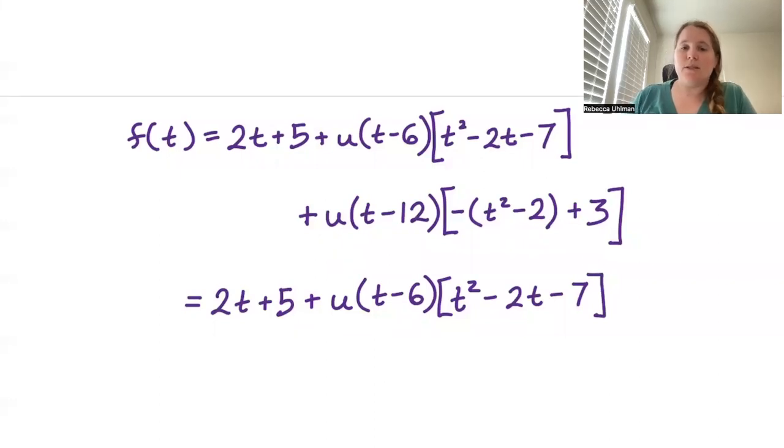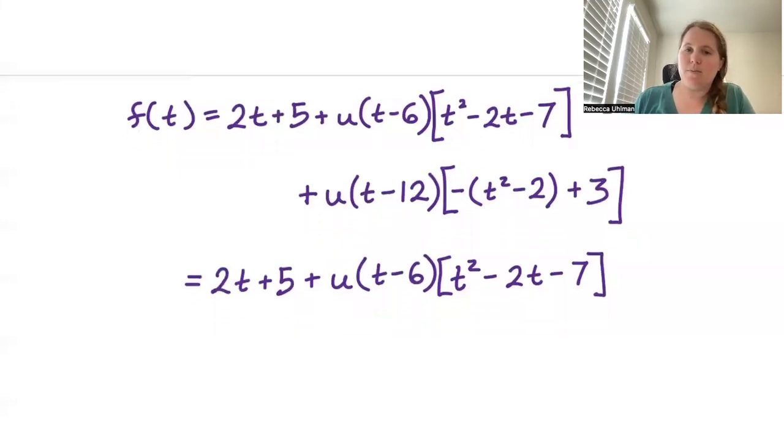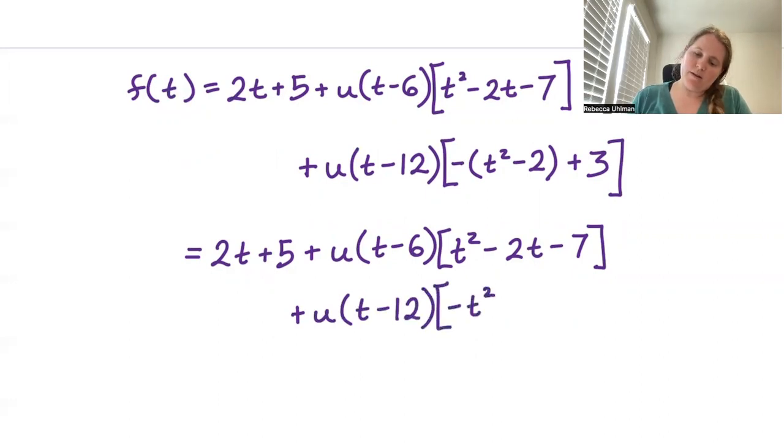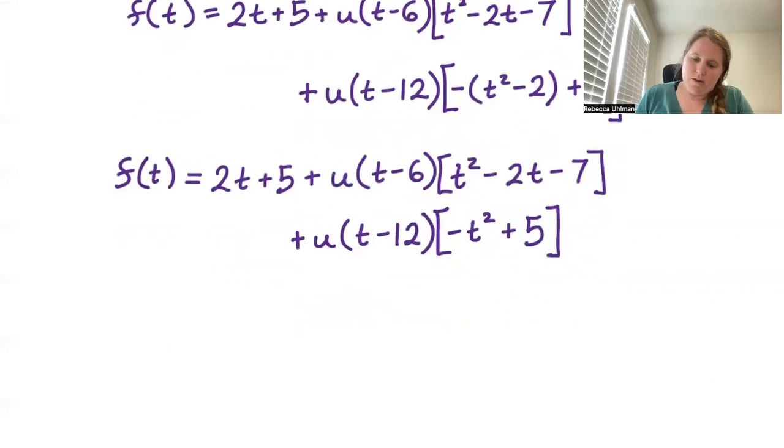And then that last piece becomes plus u of t minus 12 times negative t squared, and then plus 2 plus 3 would be plus 5. So this was our first stage. Now we can go ahead and take the Laplace transform.